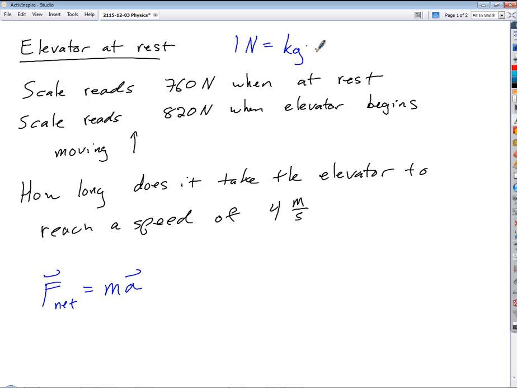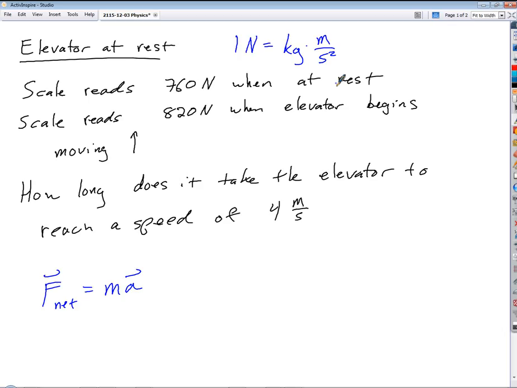Yeah, so a kilogram meter per second squared is what a newton really breaks down to in terms of its base units. But that's kind of inconvenient to always write it that way, and we use force a lot in physics, so we just give it its own name and call it a newton.